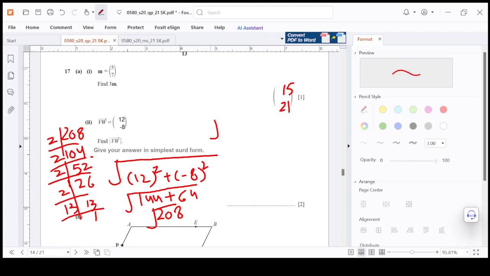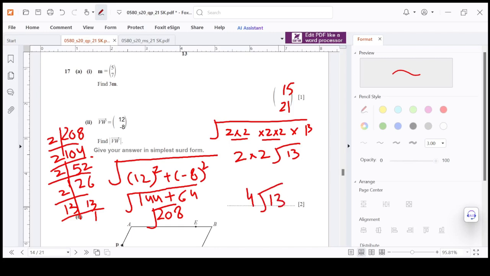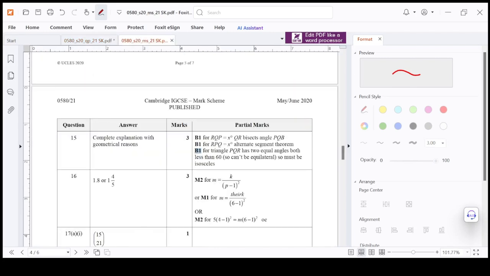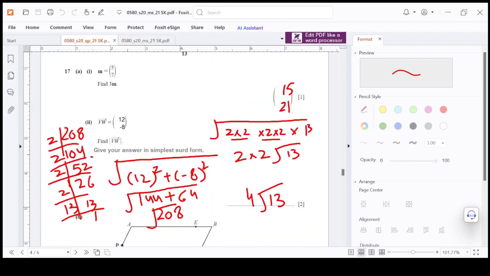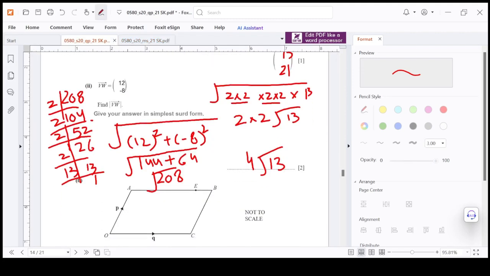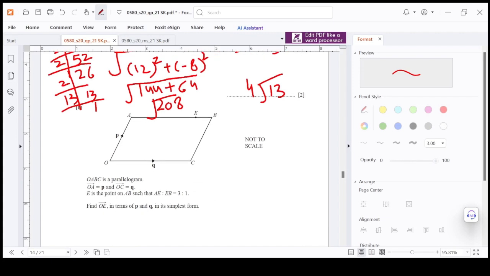So we have 2 times 2 times 2 times 2 times 13. So this pair comes out as a single 2, this pair comes out as a single 2, and the square root of 13 has no pair. So 4 square root of 13 seems to be the answer. Let's check. Yes, it is. Okay. Moving on.